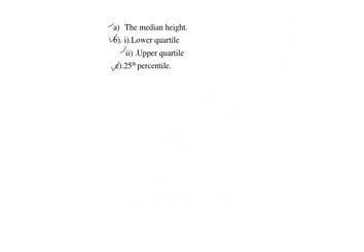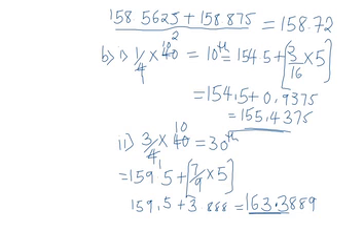Lastly, we have to calculate the 25th percentile. From the notes we said that percentile divides a given data into 100 equal parts. So this is 25 over 100.